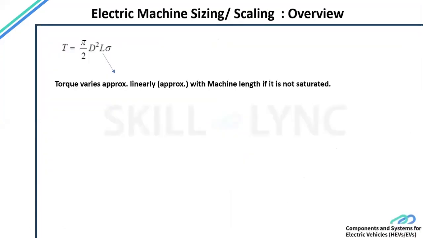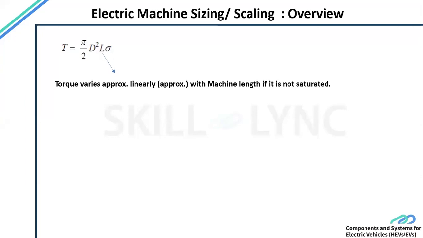So the sizing part. Let's say we know the constraints, we know the environment, we know the application well now. Coming to the sizing or scaling part, we know that torque is proportional to D squared L. This is by and large the well-accepted analytical form.